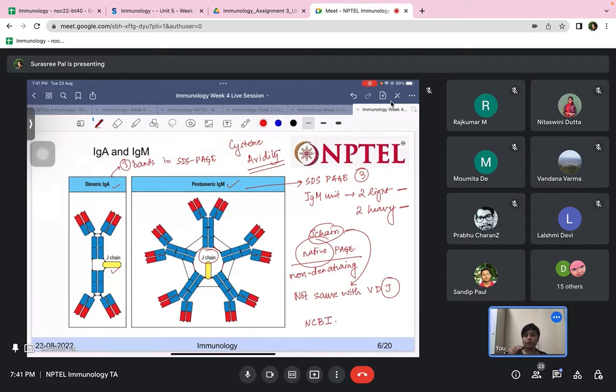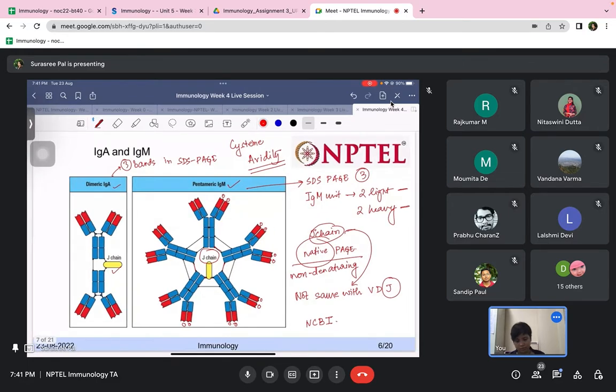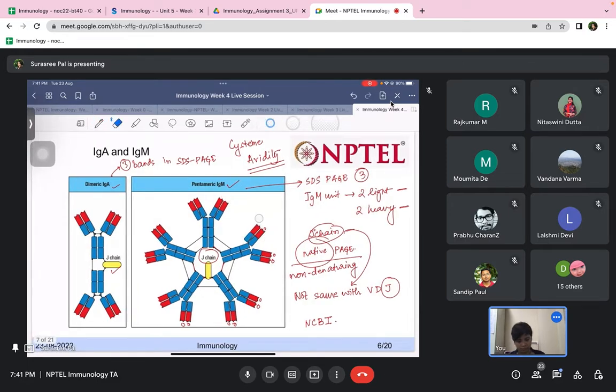And through the formation of this particular pentameric structure, it can actually hold 10 antigen molecules together.